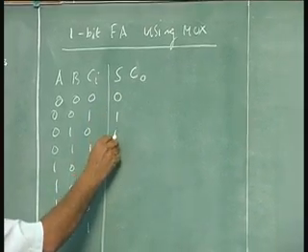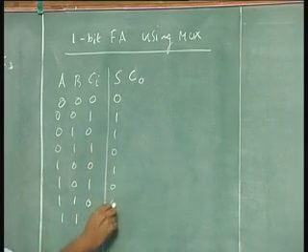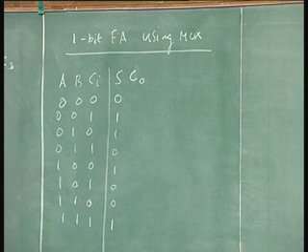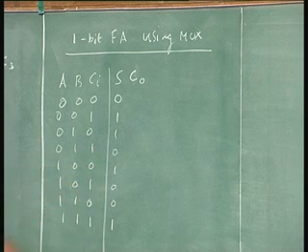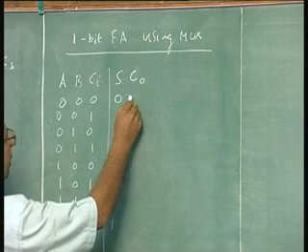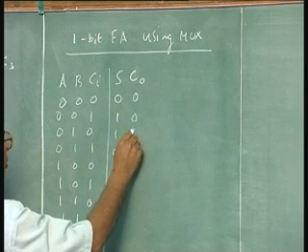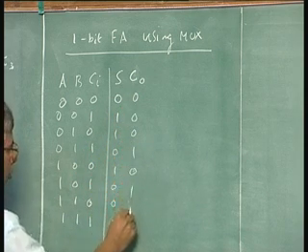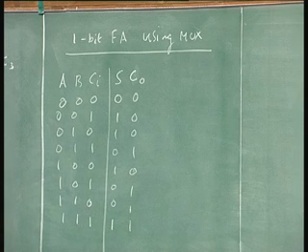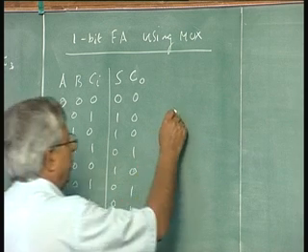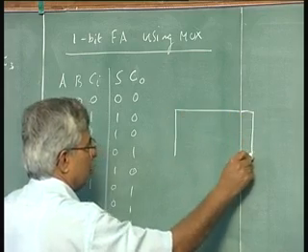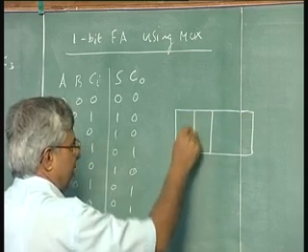Sum is 0 1 1 0 1 0 0 1. Is that right? Please tell me if I make a mistake in the truth table in a hurry. And the carry would be, is that right? Now, let me draw the Karnaugh map for this, just to show you how it is going to be placed.